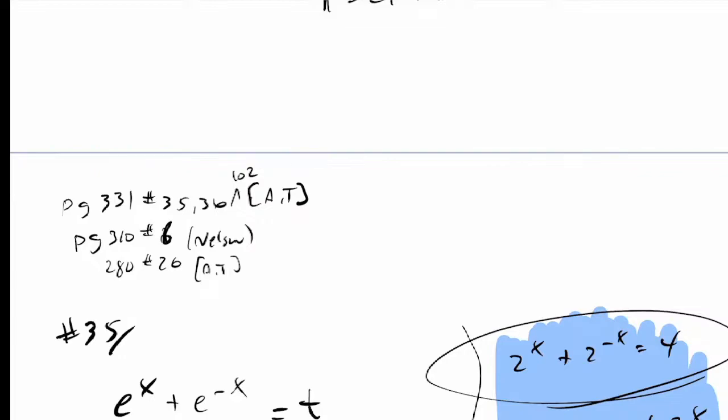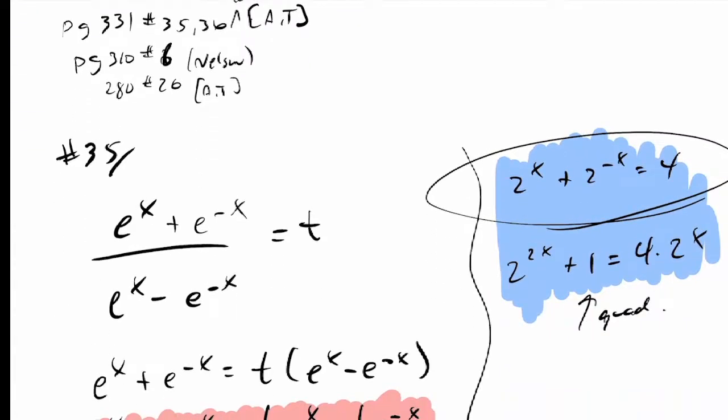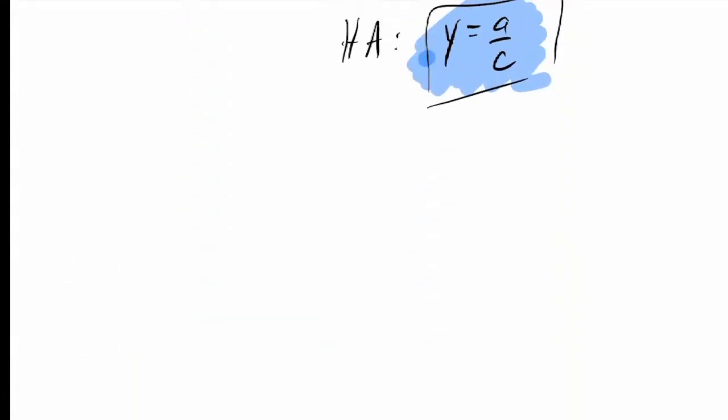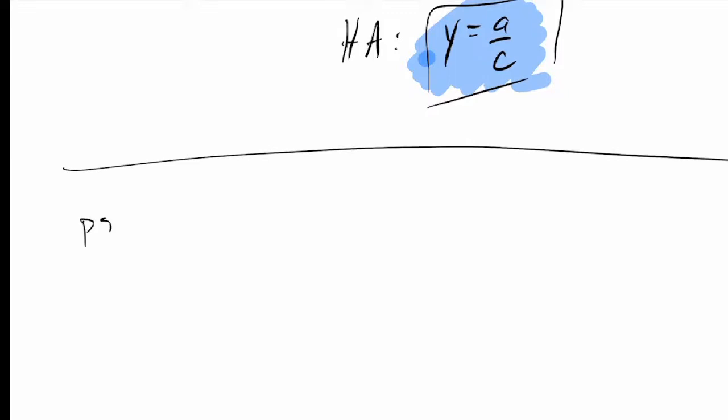That's it? Hey? So, all right. 20, 280, 26. Yeah, I was supposed to get something there. 280, 26.